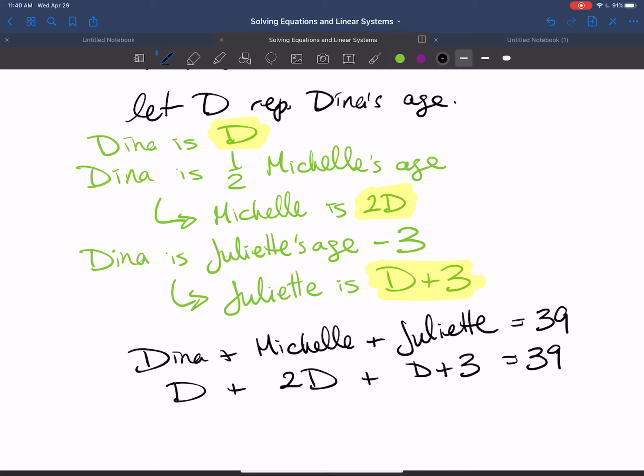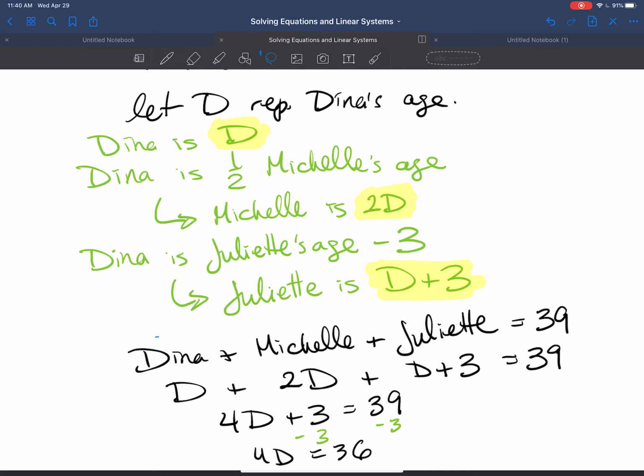So now I can solve this equation. 1D plus 2D plus D. That's 1, 2, 3, 4 D's. Right? 4 times Dina's age plus 3 is 39. So I'll solve for D now, Dina's age. Subtract 3. 4D is equal to 36.